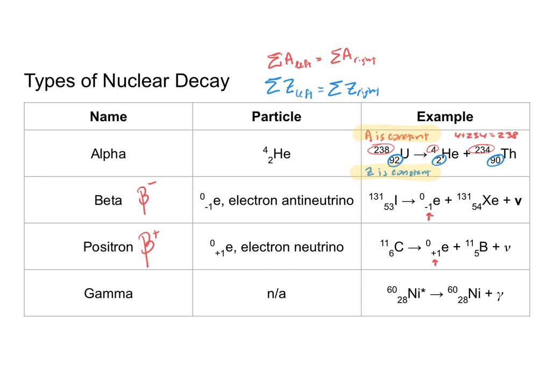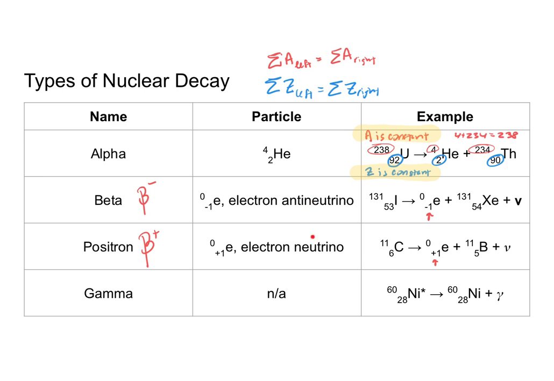So whenever I undergo beta decay, whether that's positive or negative, I am going to release either an electron and an electron antineutrino pair, or a positron, this guy here, and an electron neutrino. We are going to get a little bit later into why the electron has an antineutrino and the positron has a neutrino.